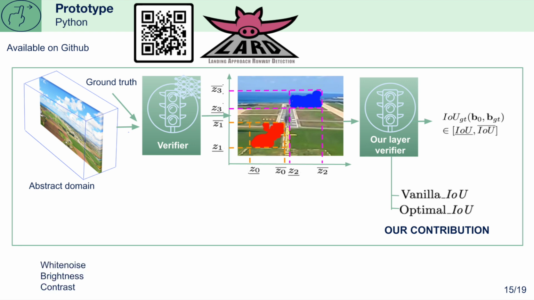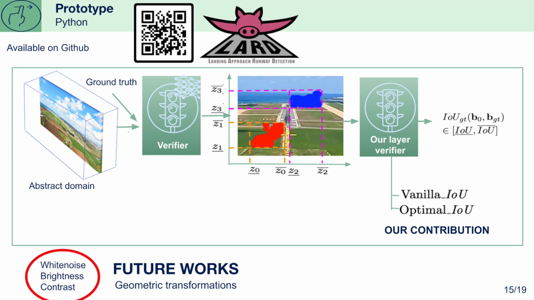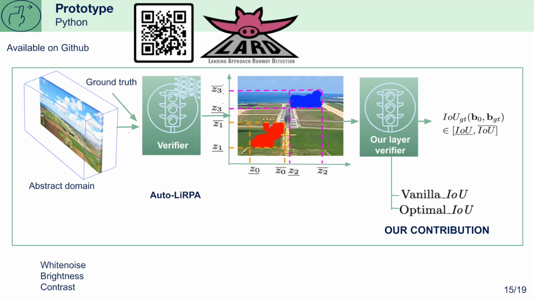For the moment, the perturbations already implemented are white noise, brightness, and contrast. However, during the course of my PhD, I would like to tackle geometric perturbations. The abstract interpretation solver we use is auto_LiRPA. We implemented brightness and contrast manually ourselves using this tool, so you can benefit from it on GitHub.